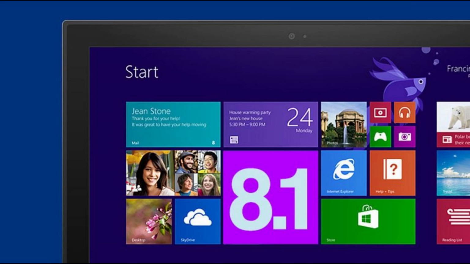A post-RTM build of Windows 8, build 9364, was leaked in March 2013.